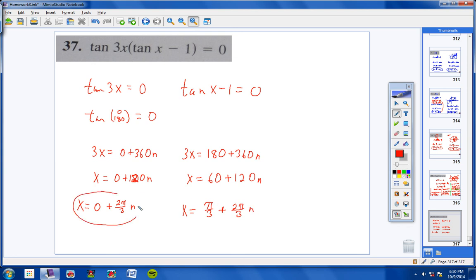Okay, so there we go. So these two answers here that I just circled are the answers for this part of the problem right here.